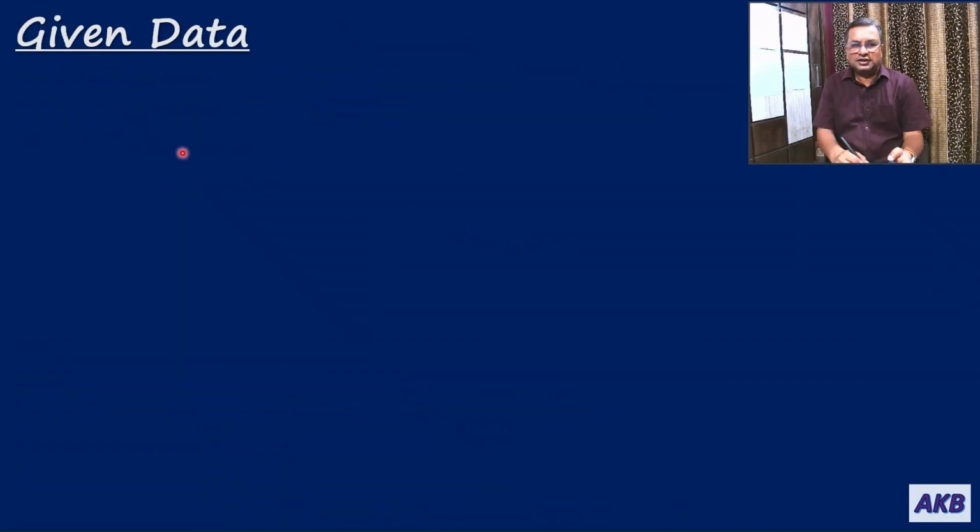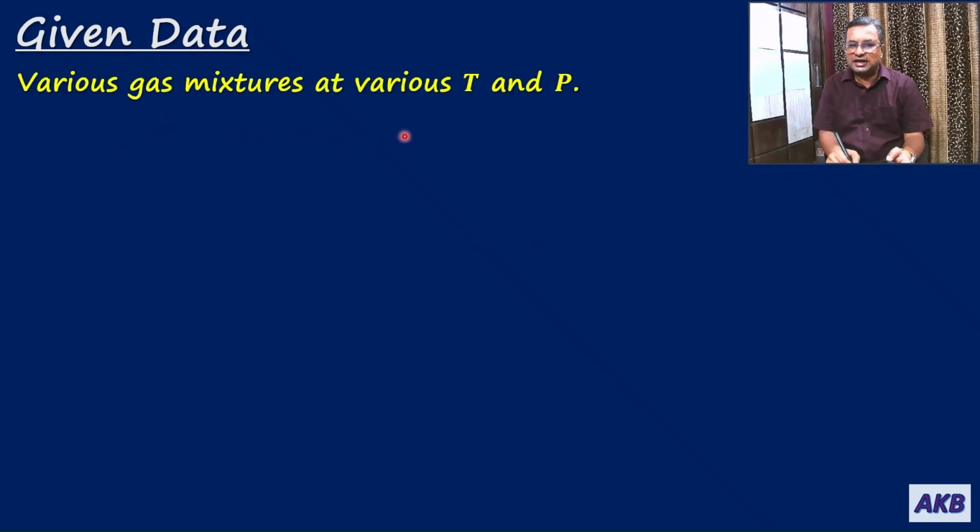First, let us look at the given data. So we have various gas mixtures at various T and P, various temperature and pressures. Atomic volumes are provided.